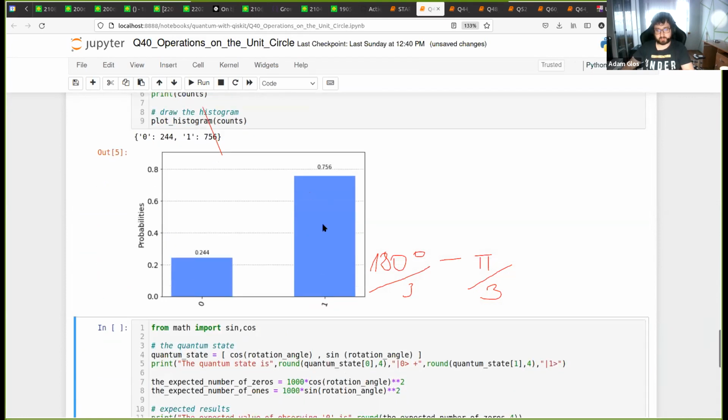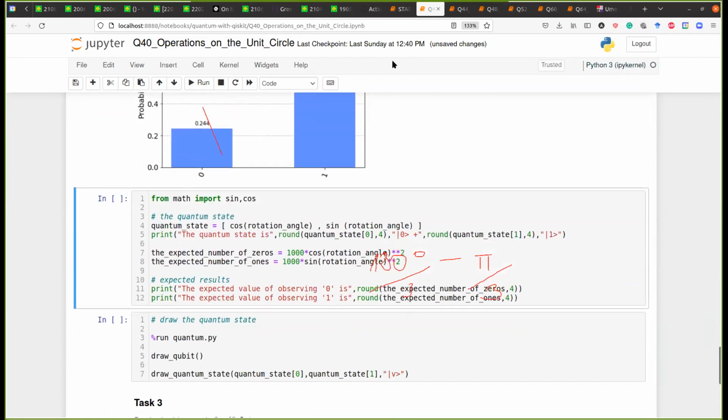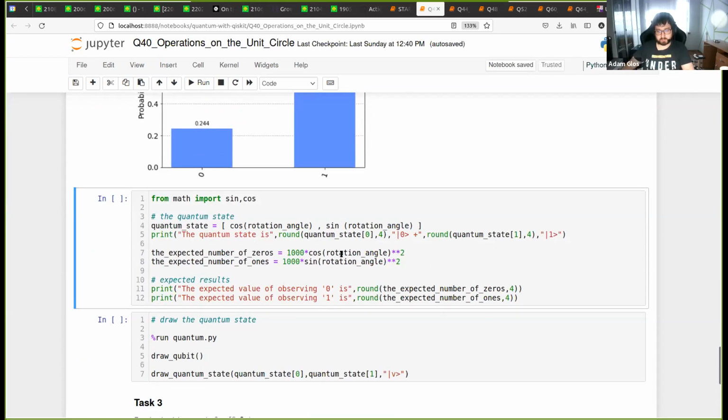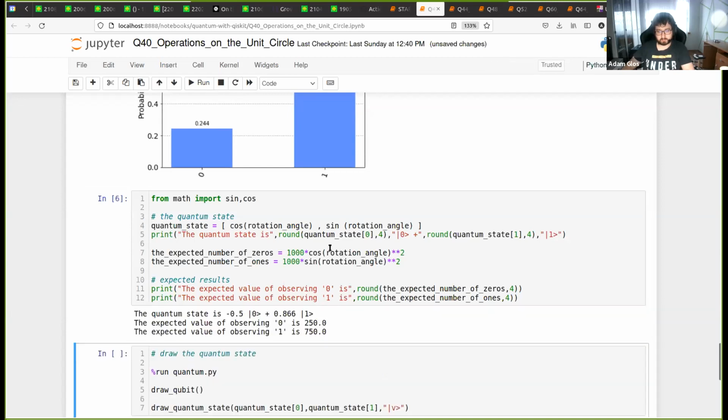And this is exactly what is happening. We can also verify this manually.